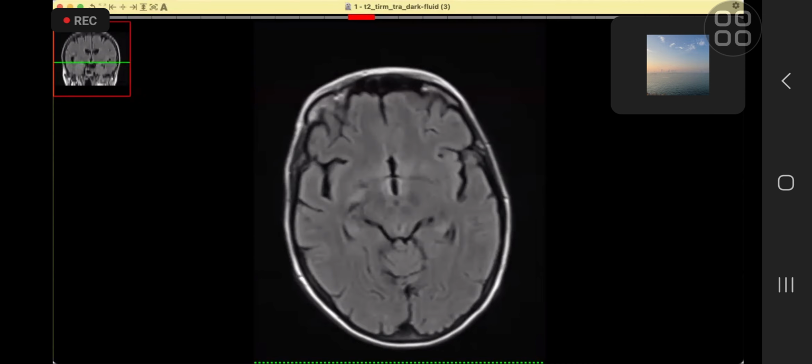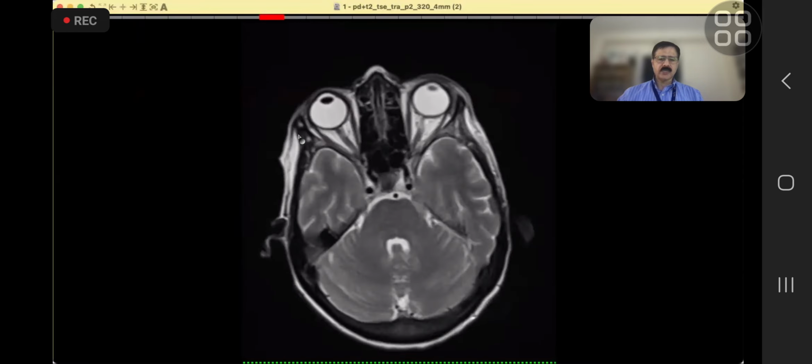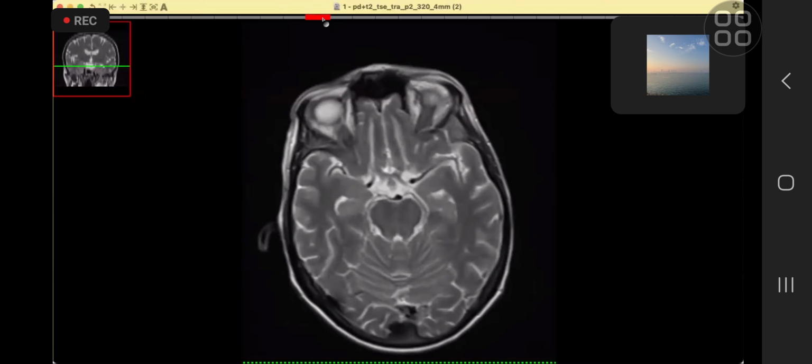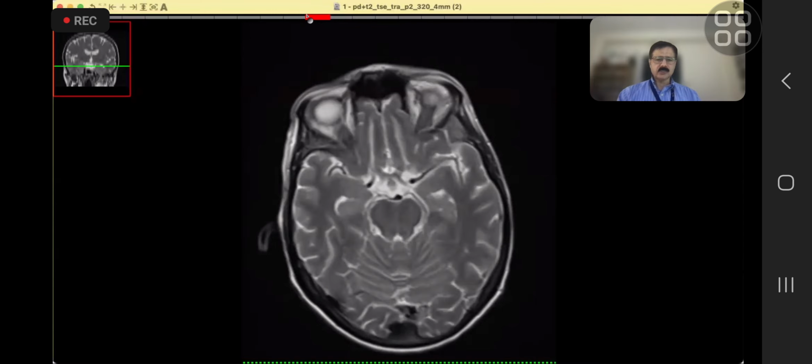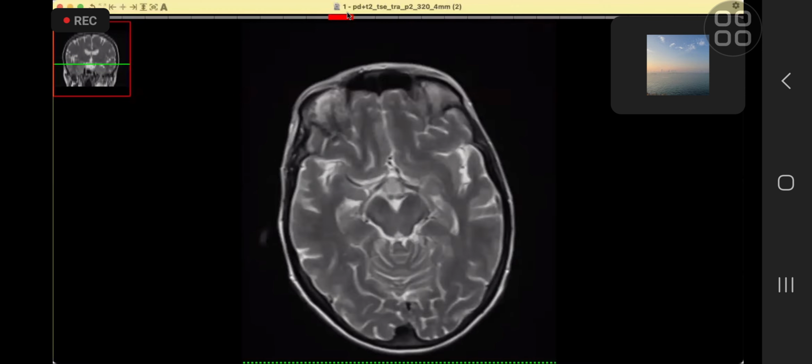Anything else you can add on this T2 weighted sequence? Yes, doctor. Here in the T2 weighted images, again, it redemonstrates this suprasellar well-defined lesion. Look at the extra-axial cavernous sinuses, please. Look at the cavernous sinuses. Yes, this lesion is, I'm sorry, please, there's some jump.